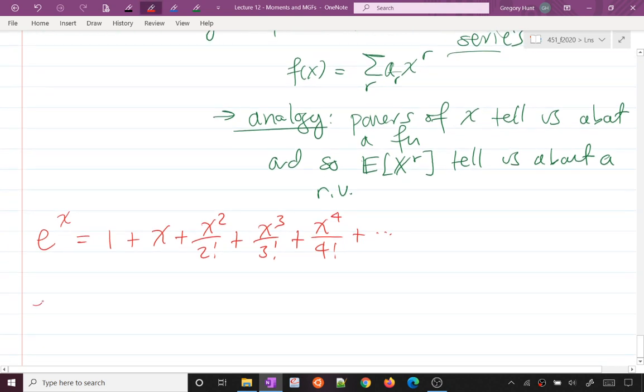And so if I look at e to the tx, I can say this is 1 plus tx plus t squared x squared over 2 factorial plus t cubed x cubed over 3 factorial plus ..., where now x is a random variable and I have a multiplier t there.